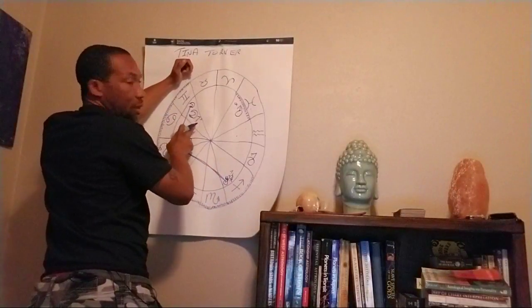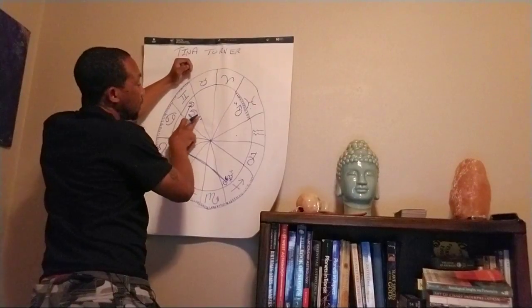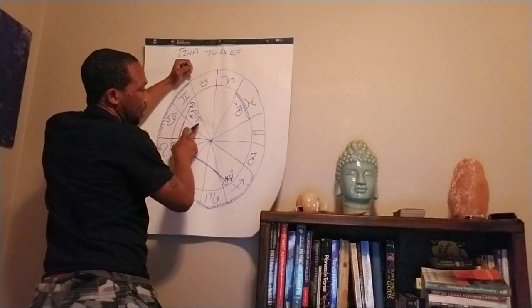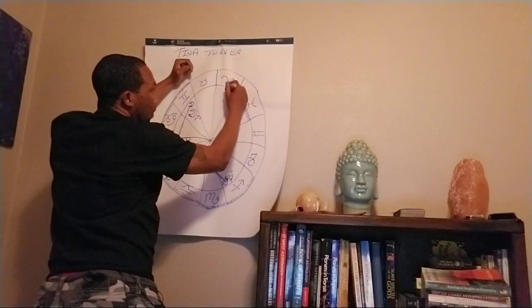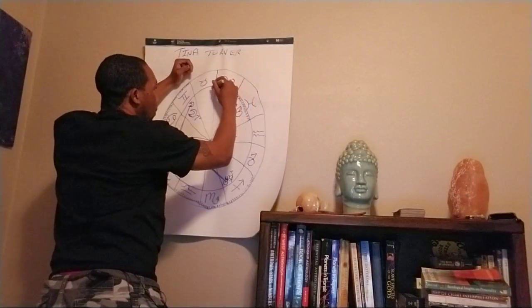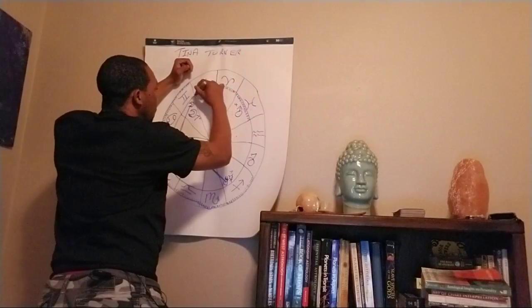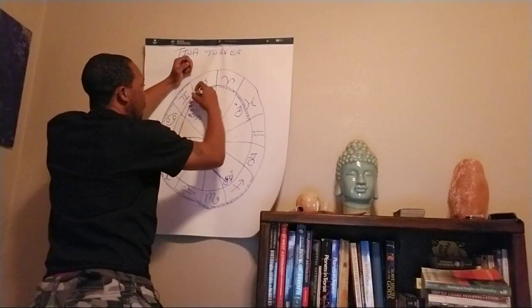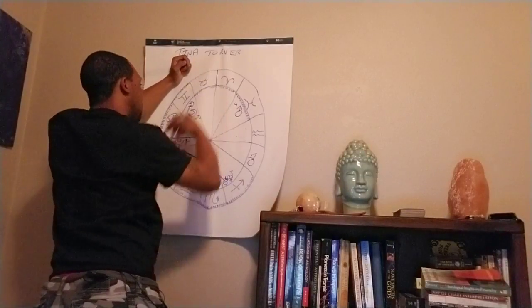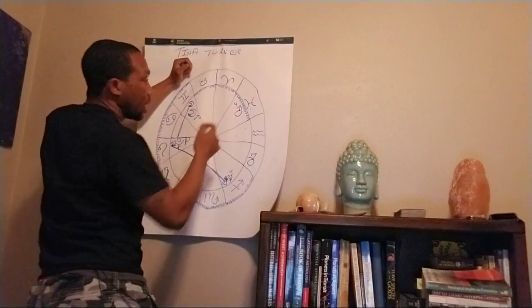Remember, her moon is at 7 degrees. And it is 1, 2, 3 signs away. 3 signs away.